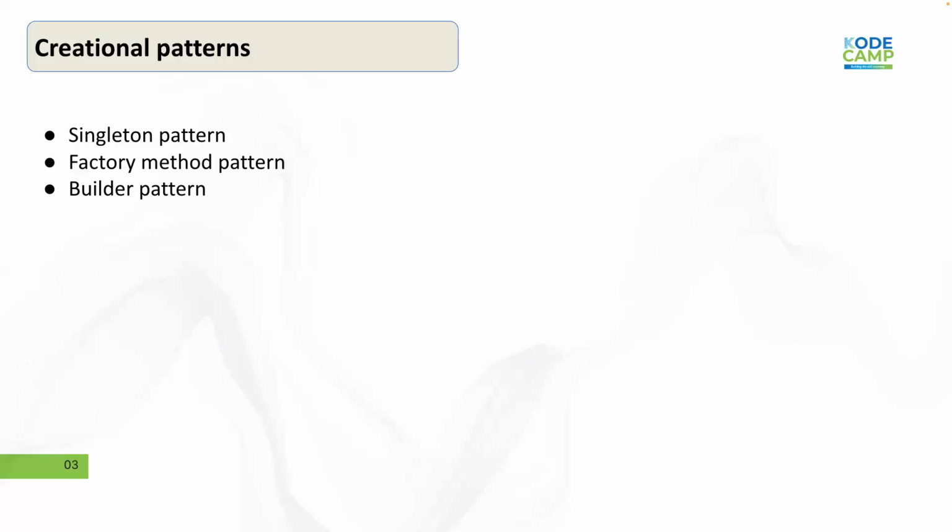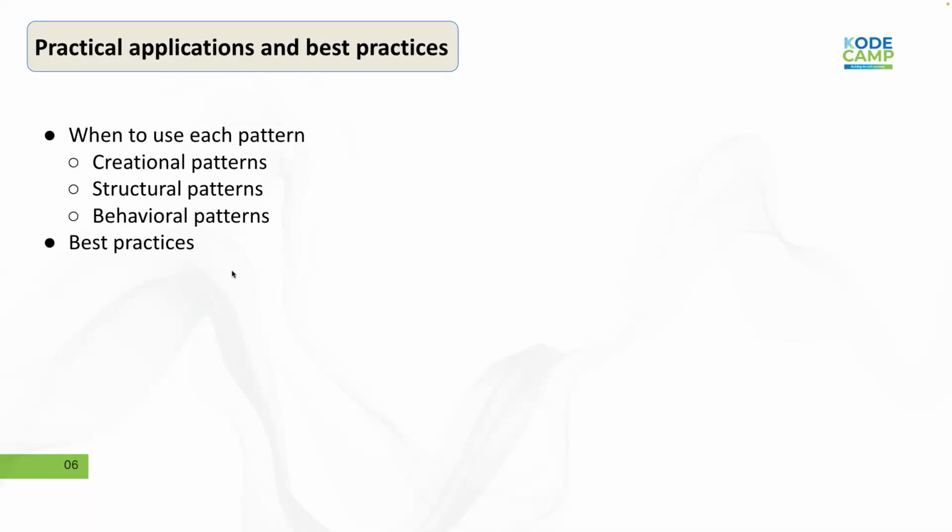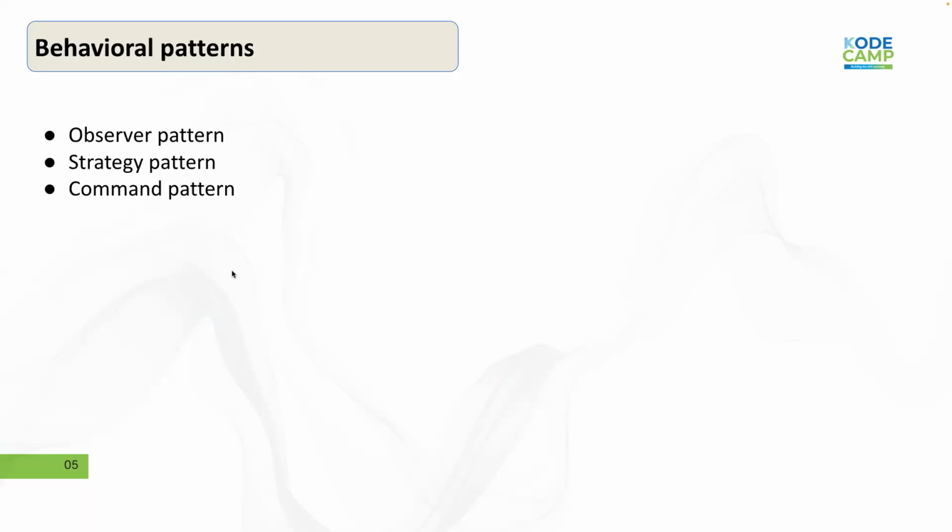So under creational patterns, we have a whole lot of patterns. There are more than 3, but due to time, for each of these patterns, I picked 3 so we can discuss. So here we have 3, here we have 3, and here.